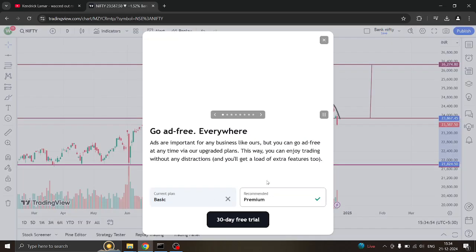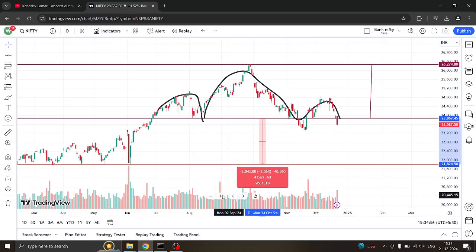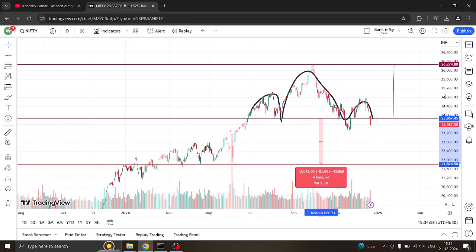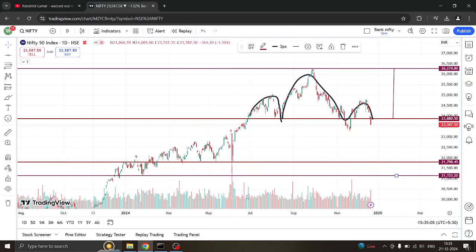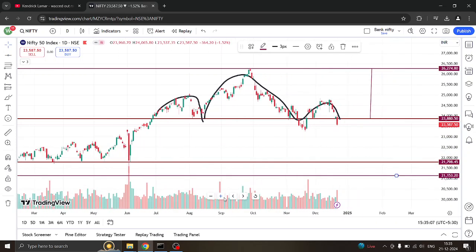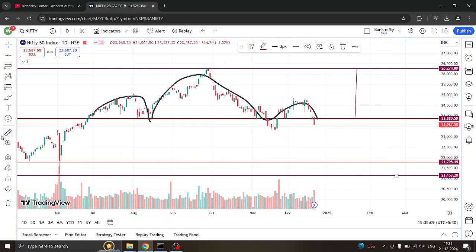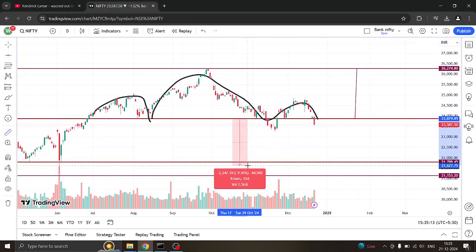And how much down? Let's see. We have a support here. Okay. Now let's measure the difference once again. This is the neckline and we have to consider the second line.